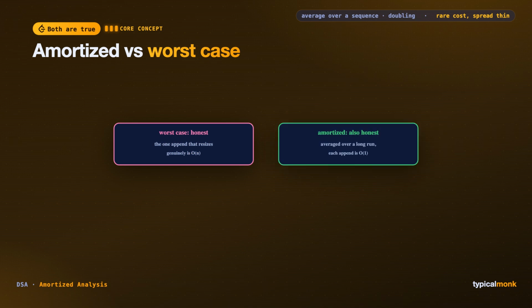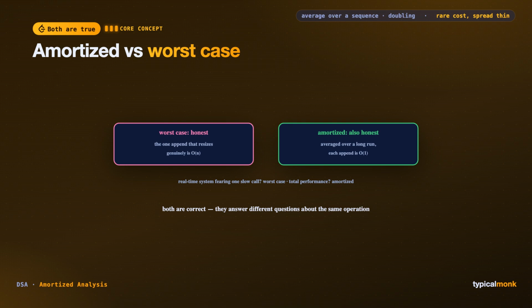The amortized statement is also honest, and it describes something different, averaged over a long run of appends. Each one costs only constant time. This is a fact about the sequence as a whole, not about any single call. The key is to know which question you are answering. If you fear one specific operation blocking a real-time system, you care about the worst case.